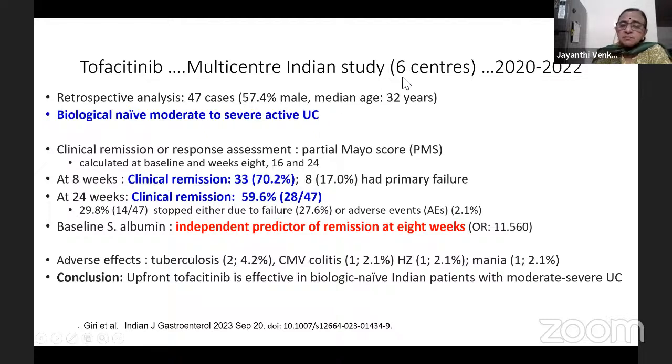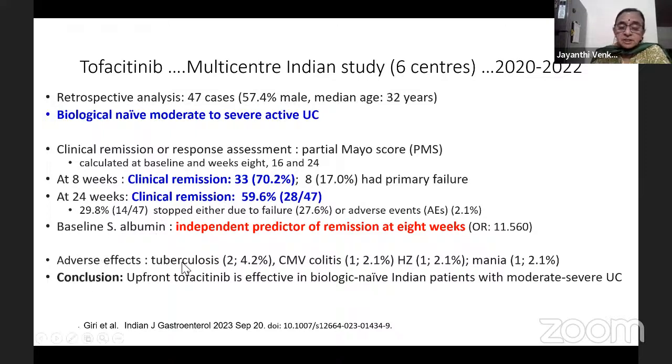In India, there was a recent publication, which is available online, a multi-center study where they had 47 cases, and they found that at 8 weeks, tofacitinib caused a clinical remission of 70%, maintained at 6 months to the tune of 60%. And the independent predictor for remission with tofacitinib was the baseline serum albumin. Low albumin resulted in a poor response.